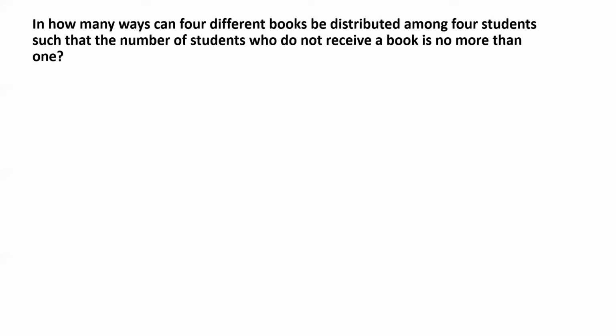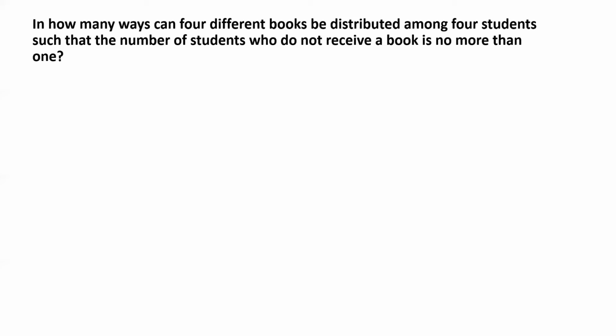The number of books will still add up to 4, right? But this is not necessarily the distribution where each student gets one book, which is kind of distributing the books equally.